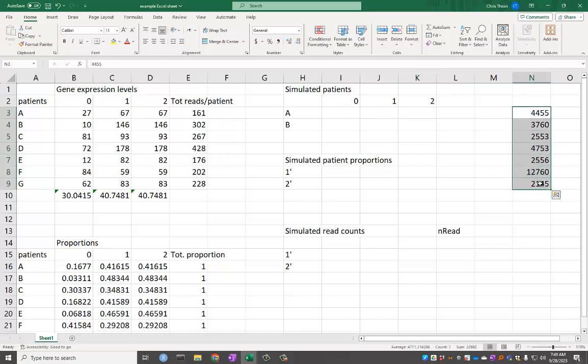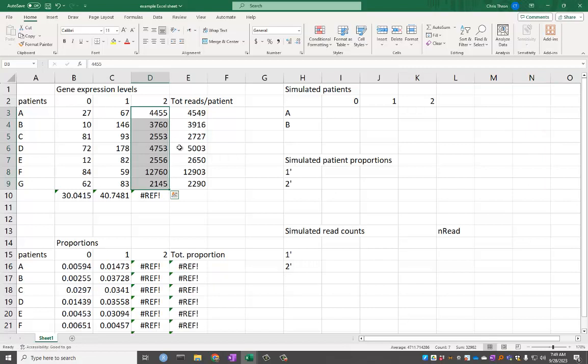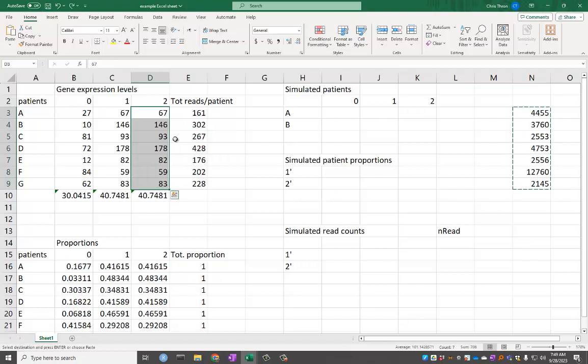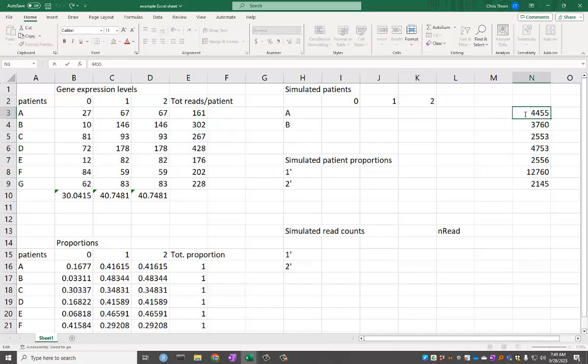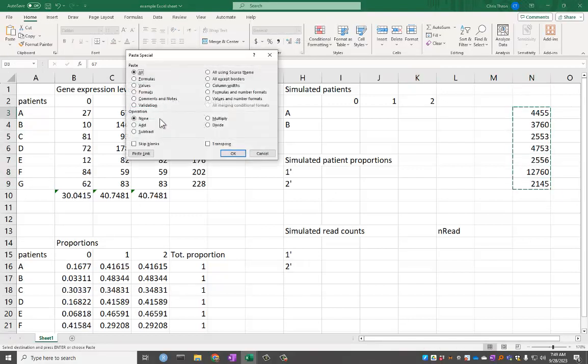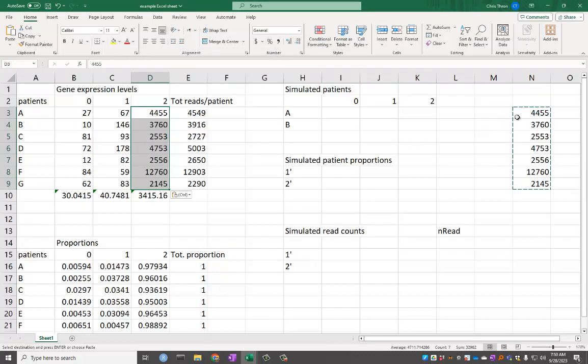Let's try that again. All right, so it screwed up, so I'm going to do this. All right, let's try it again. Excel does some funny things sometimes. We'll get there. All right, so here we go. Copy this, paste it here. Now paste the values. Okay, and then everything is fine.